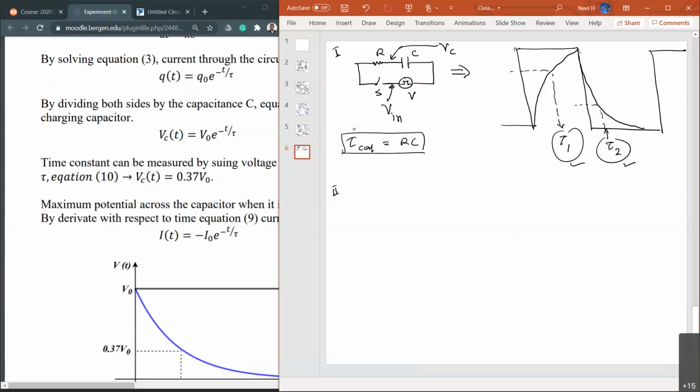Okay, and then one other thing, when you measure the time constant by using this graph in your oscilloscope, you know there's a time axis, and the time axis will give you time per division, right? So this is some time value per division.